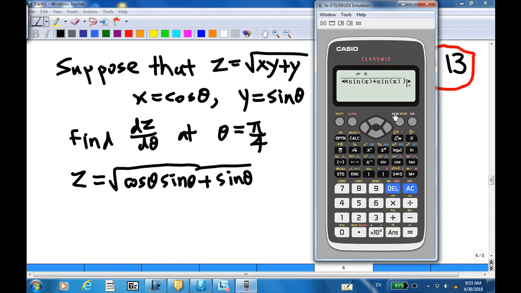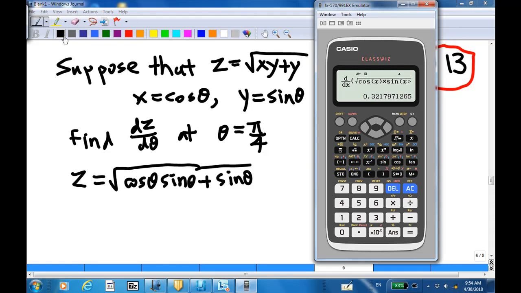Then you move to the right, put in x equals pi over 4, so you can put a fraction, shift pi over 4, then equals. So the answer is 0.321797.